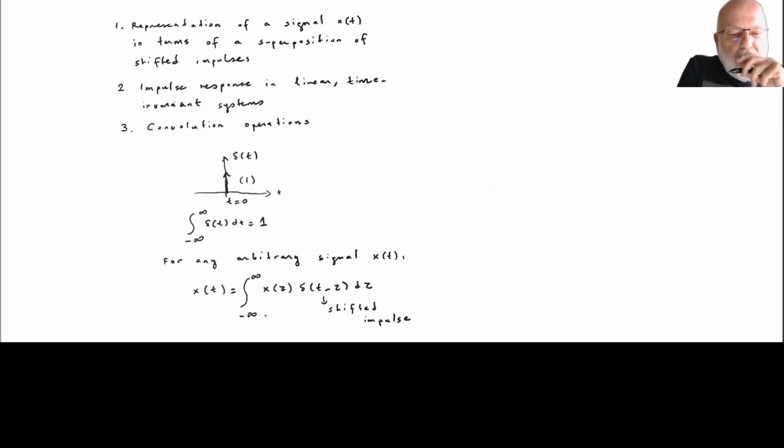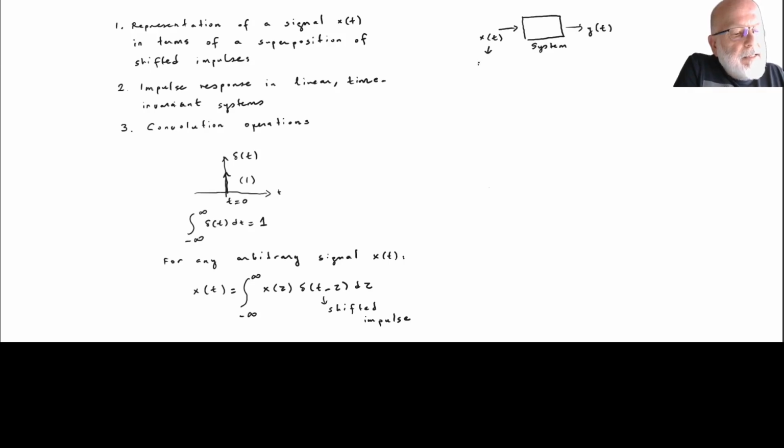Now, the second item is the concept of an impulse response in linear time-invariant systems. Now, first of all, what is a system? A system is a transformation which maps a certain input signal to an output signal. So this is our system.